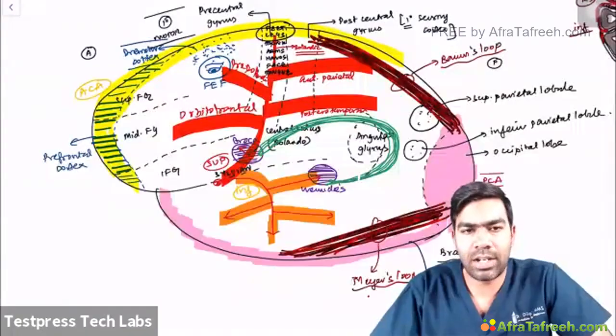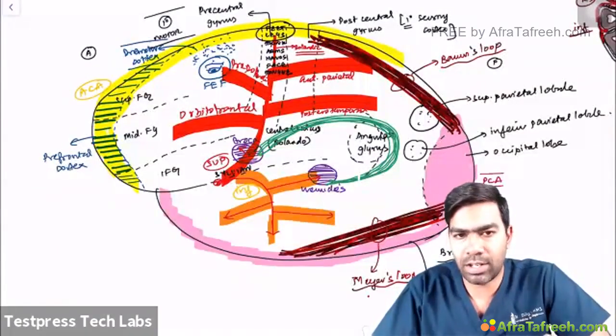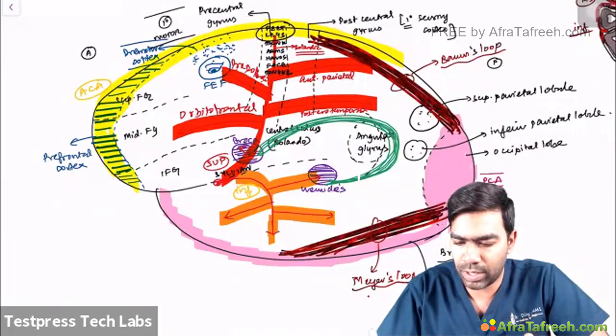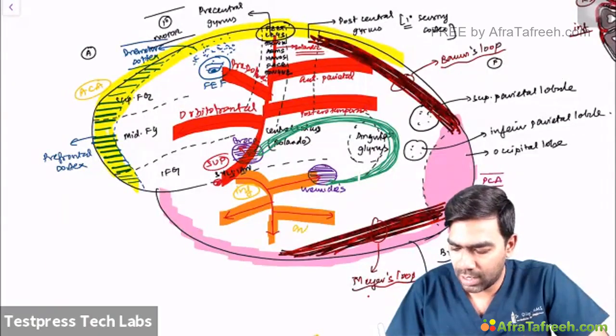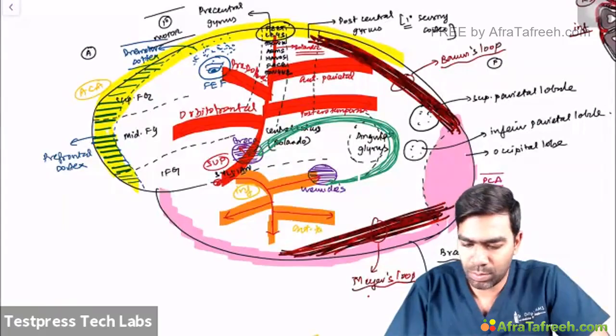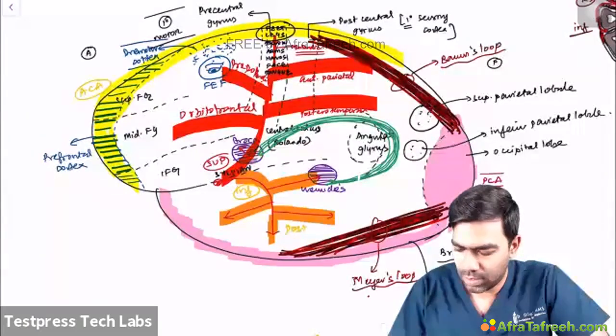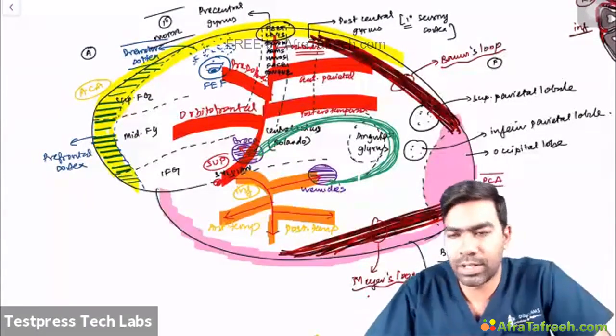In the inferior division, you have a lot of branches, like the anterior temporal branch and posterior temporal branch. I can draw like this: this is posterior temporal, and probably you have an anterior temporal branch as well. So these are some examples of the branches that we have been discussing.